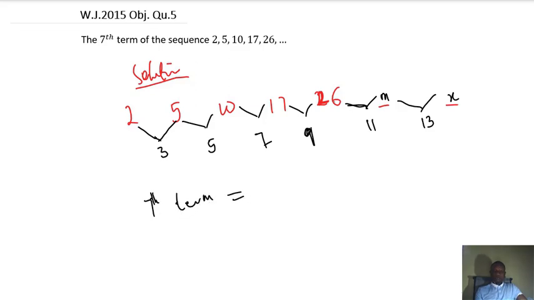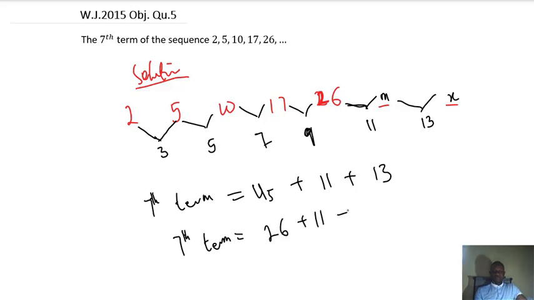Okay, so if we are looking for the seventh term, then the seventh term will be equal to the fifth term plus the difference to the sixth term, which is 11, then plus the difference between the sixth term and the seventh term, which is 13. So we have the seventh term to be equal to the fifth term, which is 26, then plus 11, then plus 13.